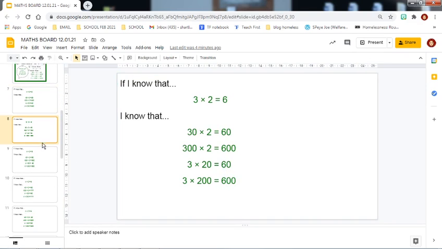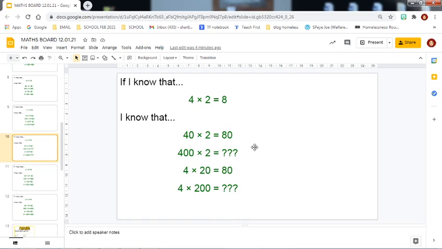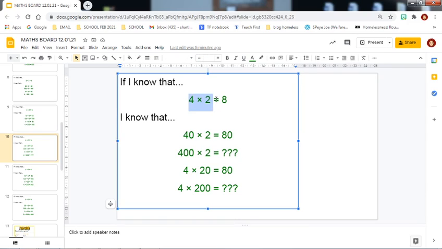We're now going to look at a few more examples, and here we can see that we need to use what we know to work out what it should be. 4 multiplied by 2 equals 8. I've made my 4 10 times greater, so I know that 40 multiplied by 2 is 80.